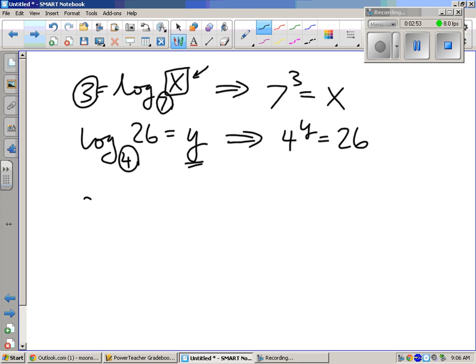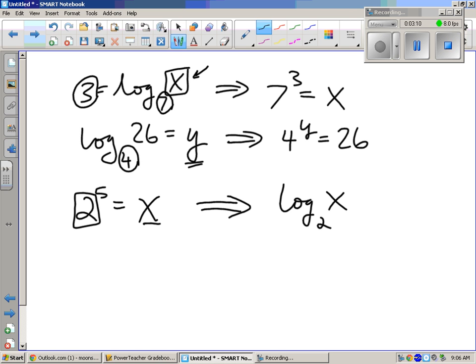So let's try exponential form and turn it into log form. What is the base here has to be the log base on this side. So log base 2, the answer now goes here, and then the exponent now becomes our answer on this side.